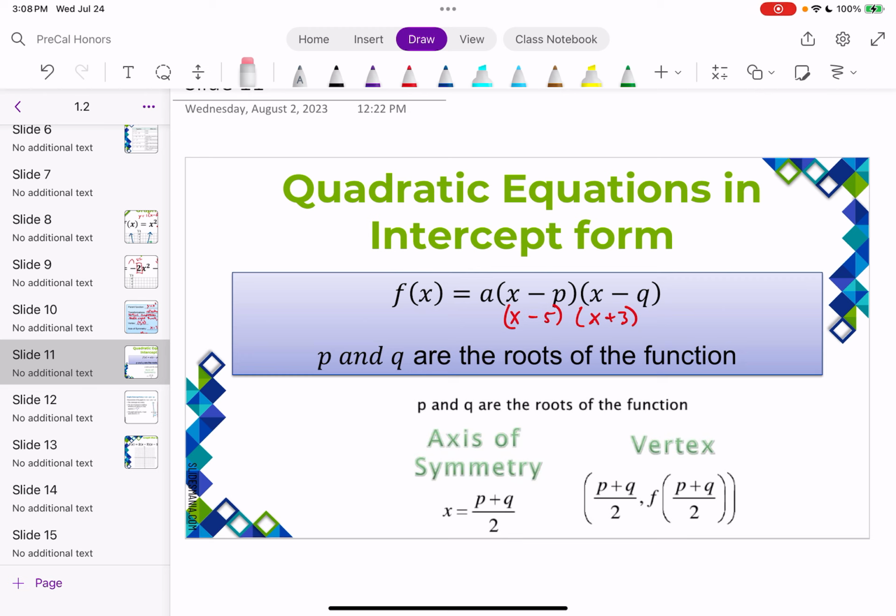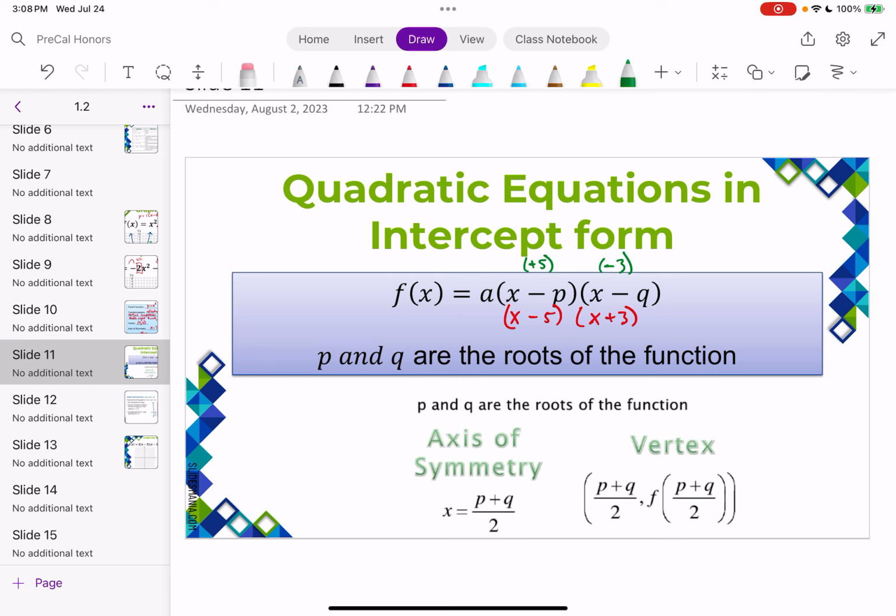Now keep in mind, when we do this, we need to figure out a number that would cancel that off. In this case, that would leave us with a negative 3 for q on the right side, and a positive 5 on the left side for p.